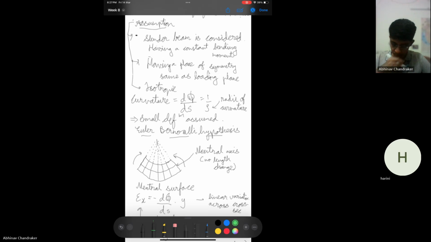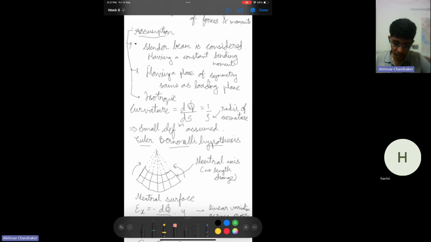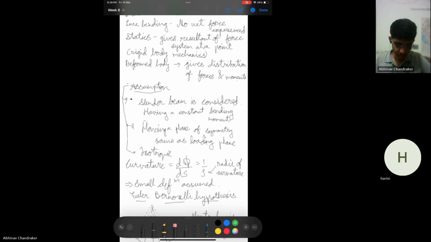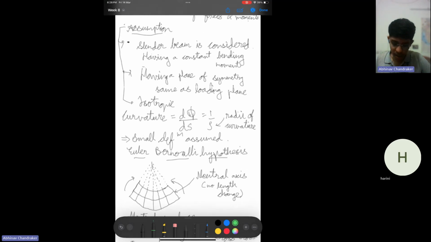Also, when trying to study the curvature of a member, let's say a beam, which is undergoing pure bending, we have represented the curvature as d phi by ds, and sir has told what exactly the angle phi is.